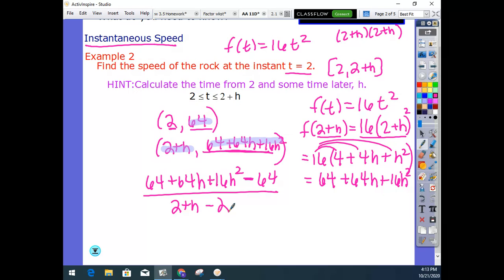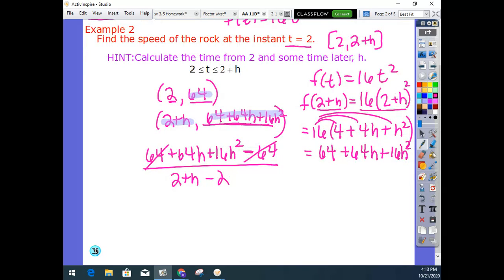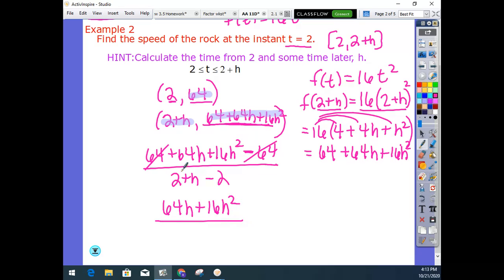Simplify the top. If you do this correctly, everything without an h will cancel. Simplify the bottom, and you will always have a single h on the bottom.